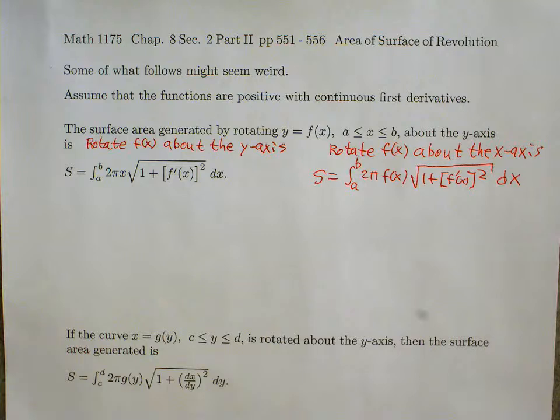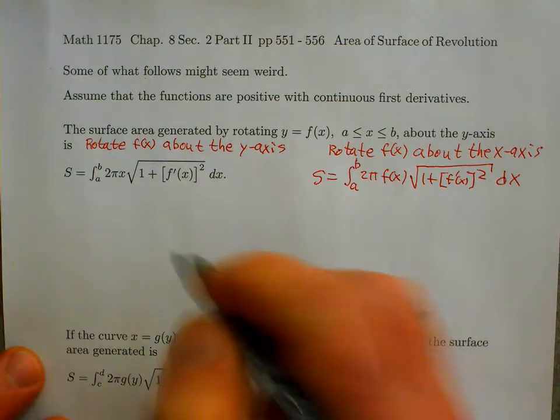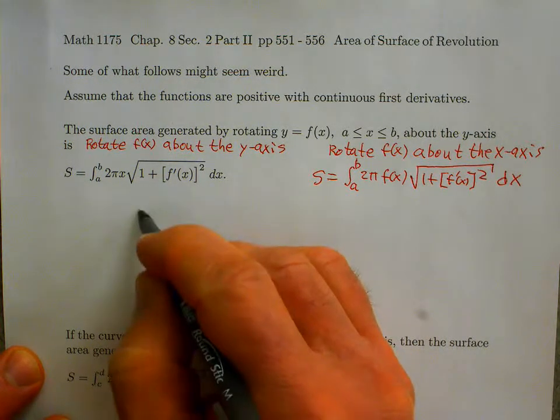Okay, so maybe it makes sense to you. The first time I saw it, I thought, well, this is kind of weird, but it makes sense. So what's going on here anyway? I can attempt to explain it graphically.